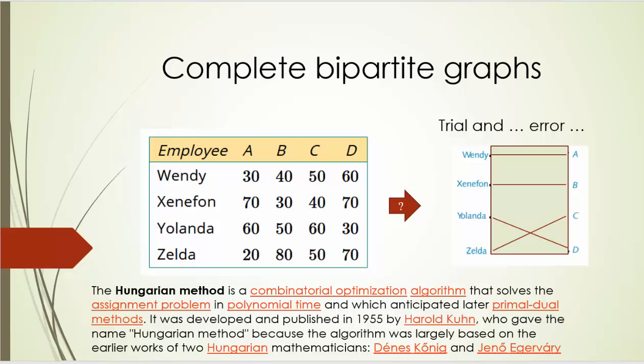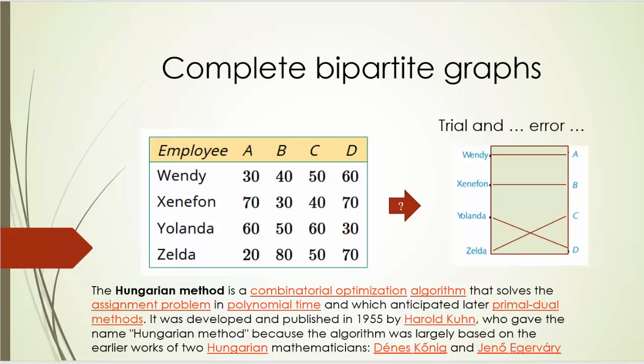Doesn't matter, works for any of those. One way to approach the problem might be to say, okay, well, Wendy is cheapest going to A, so why don't we send her to A? Xenophon is cheapest going to B, let's send Xenophon to B. Yolanda therefore should go to D, which means that Zelda should go to C.